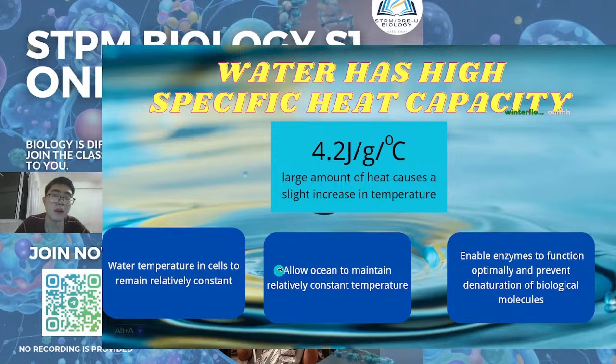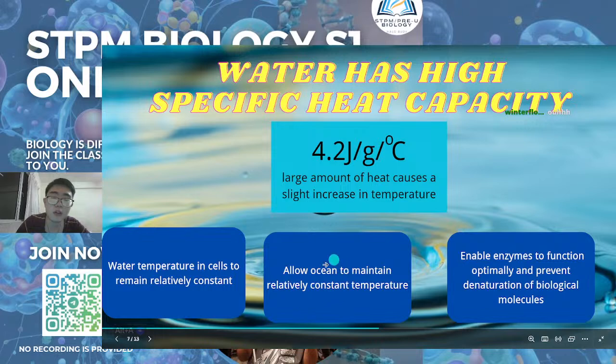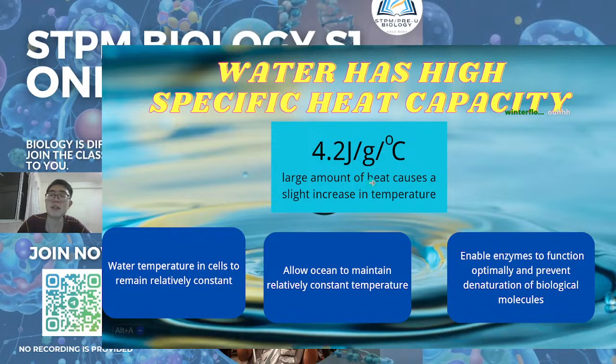Okay, another one is that it allows the ocean to maintain temperature. If water did not have a high specific heat capacity, then when the sun provides heat to the seawater, the water would easily boil and its temperature would increase dramatically. What does this mean?